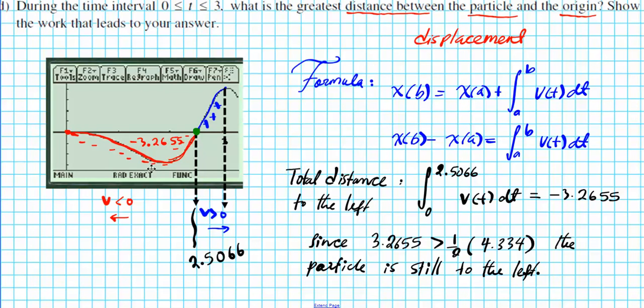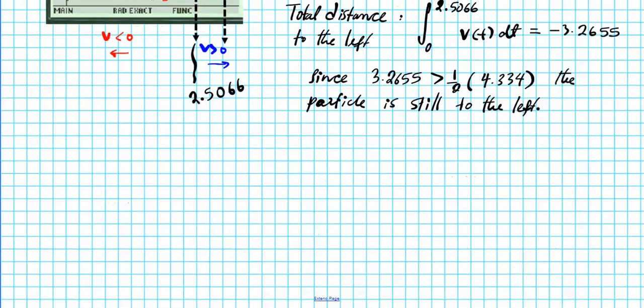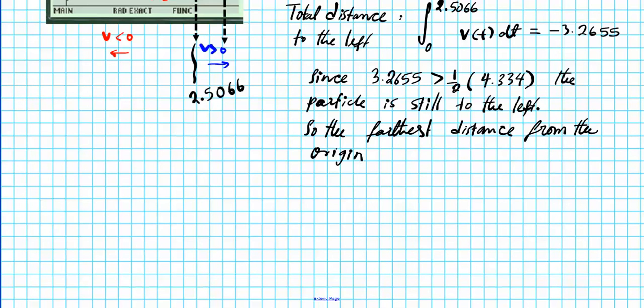So the only farthest distance we're looking at is where it changes direction. Okay, so the farthest distance from the origin occurs at t equals 2.5066.